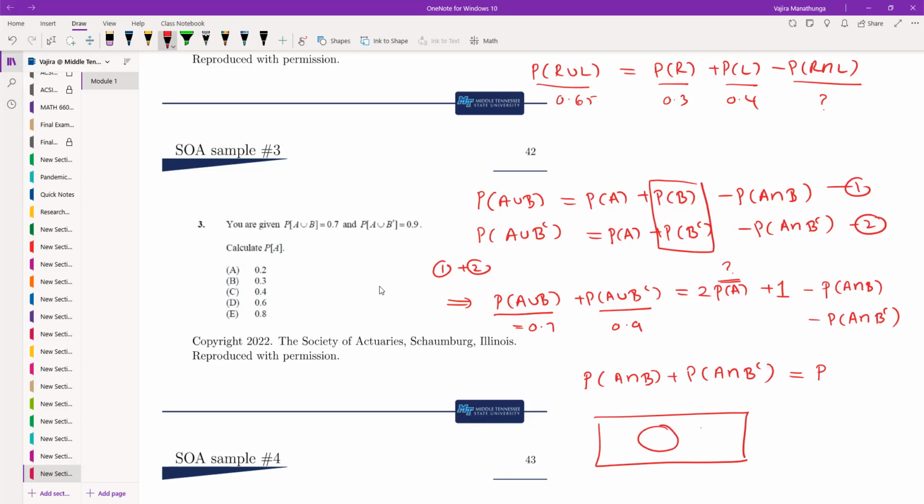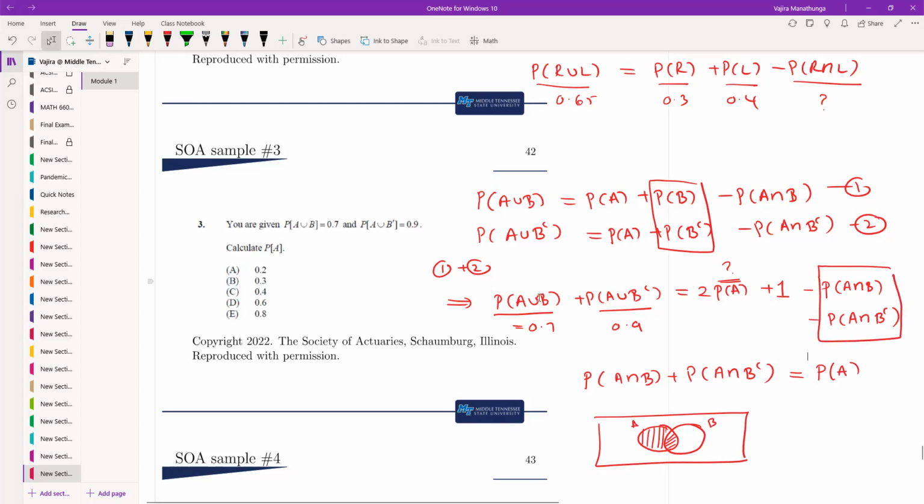So I have A here, B here. So A and B is this part. Then A and B complement, that's going to be this part. So you can see that that's going to give us A. So when you add these two, that's going to be probability of A.